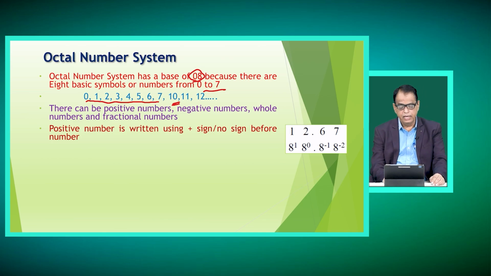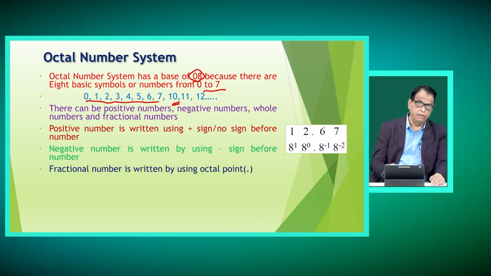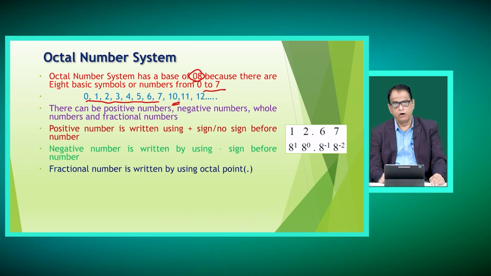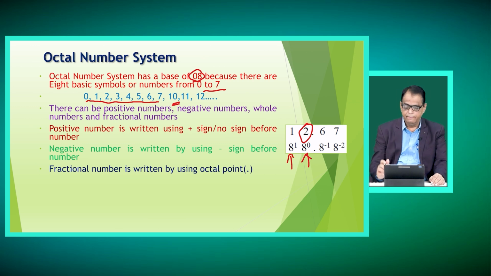Positive numbers can be indicated by a plus sign, negative numbers by a minus sign. Whenever we write a fractional octal number, we need to write a fractional point. Say for example, I write the number 12.67, where this 2 has a weight of 8 to the power 0, this 1 has a weight of 8 to the power 1. When we go to the right hand side of the fractional point, the weight goes on decreasing.